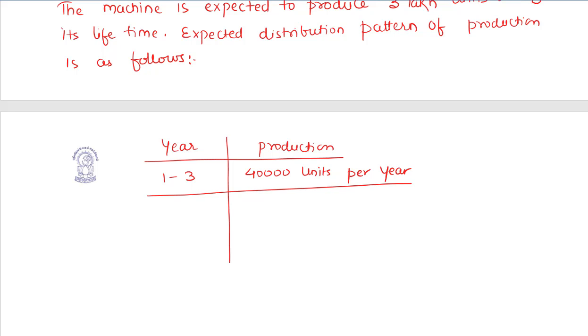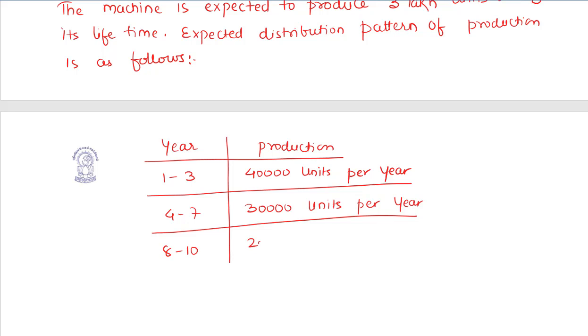Years 4 to 7, 30,000 units per year. Years 8 to 10, 20,000 units per year.